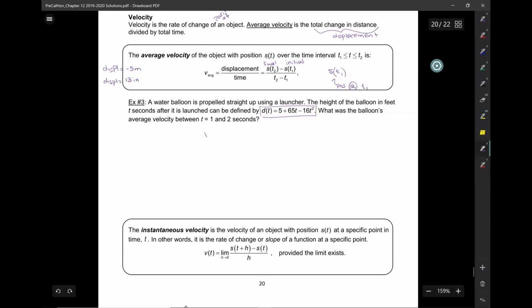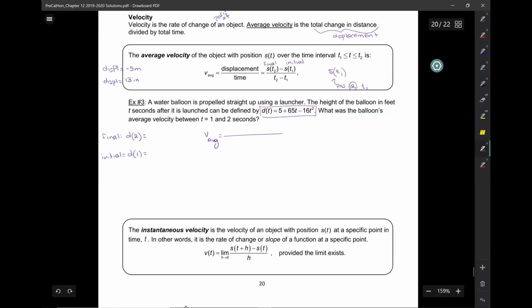Well, the average velocity is equal to the final position, and if position is d of t, what's its final position? It's d at t equals 2, d of 2. And then what's the initial position? It's d at t equals 1.